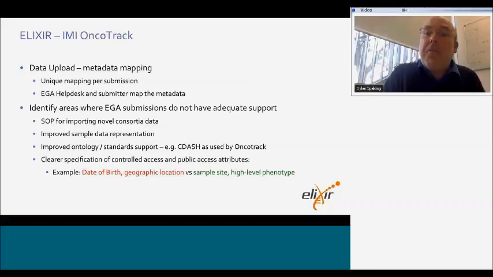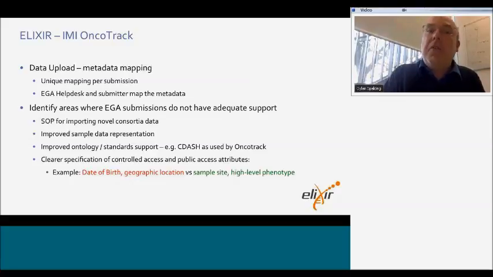Also, the IMI OncoTrack project uses CDASH as a way of collecting the clinical and patient data, and so the EGA needs to improve its ontological or standard support for this. Currently, attributes within a sample on the EGA are not specified by ontology or any particular standard.